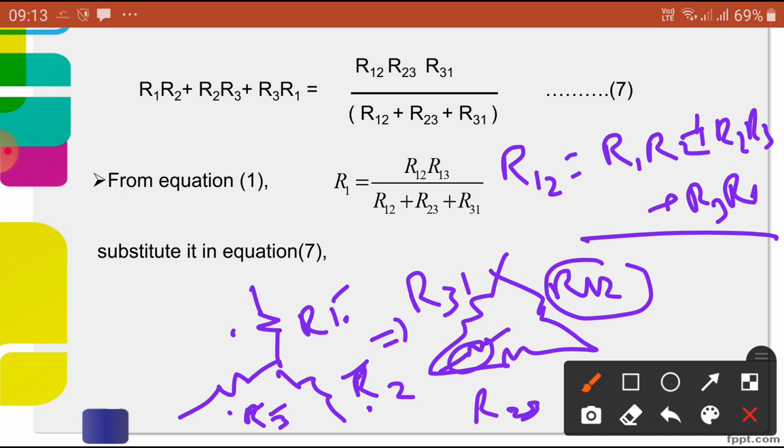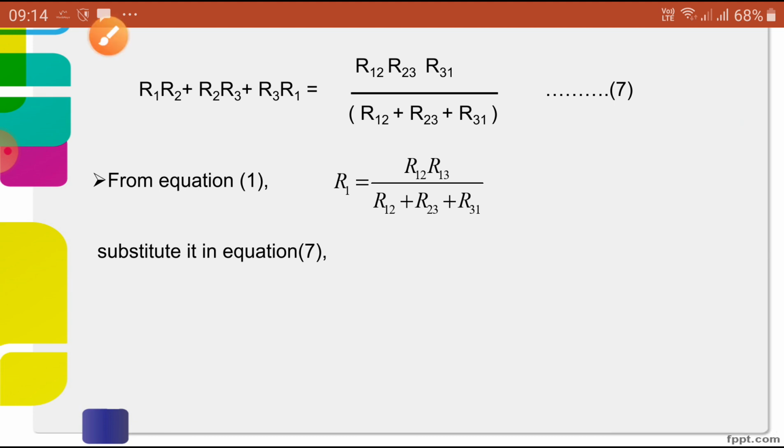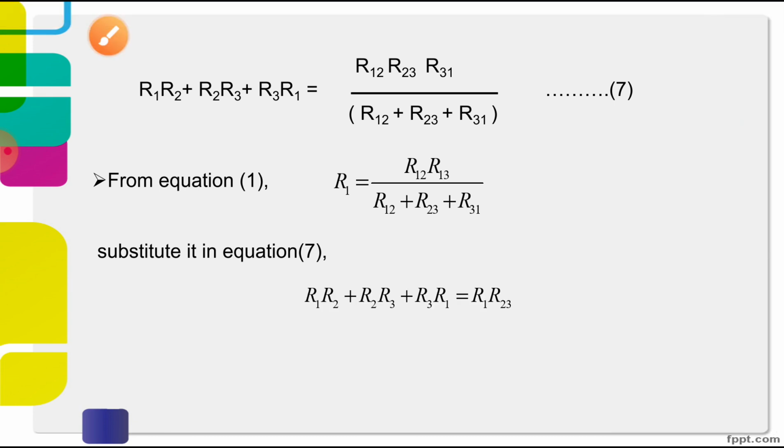What is the resistance value opposite to this? That is R3. So simply write R3, and we get R12. Got it? Don't confuse, just do it. So here we got this equation.